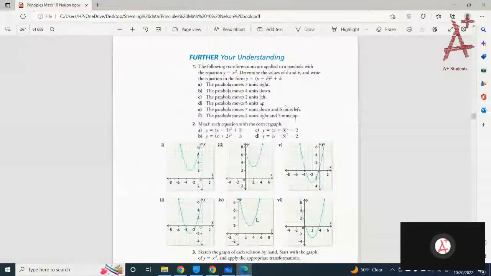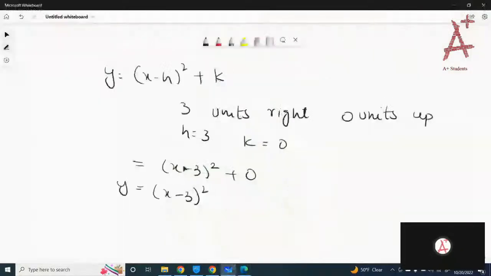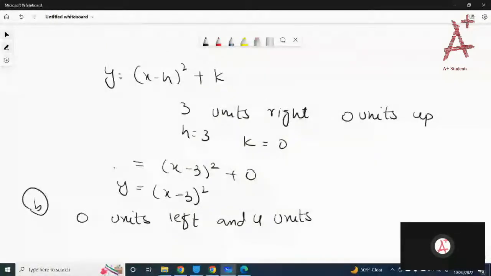Okay, now the parabola moves 4 units down. That means 0 units left and 4 units down. So in this case, h is 0 and k is -4 because it moved down.